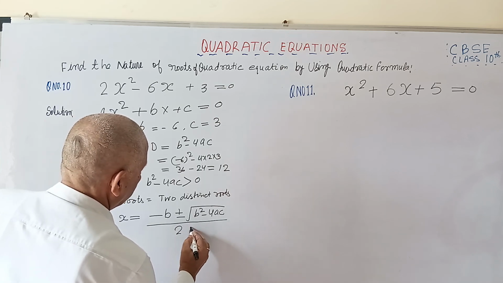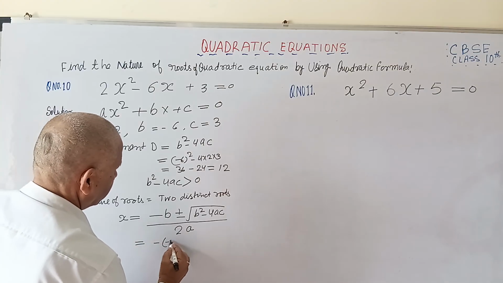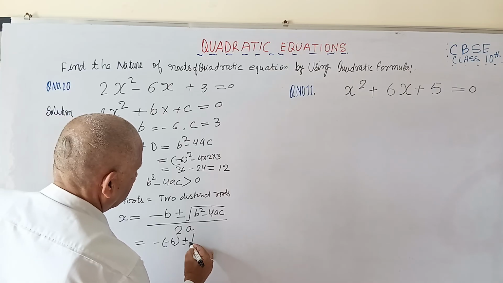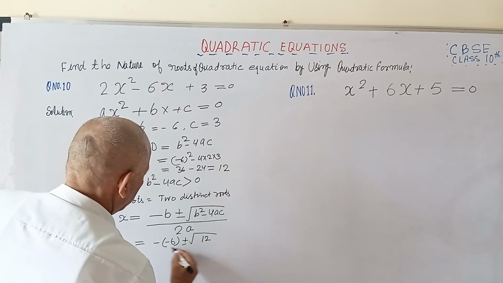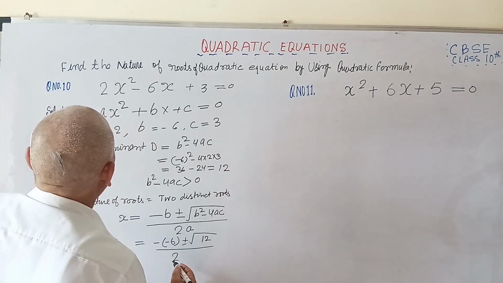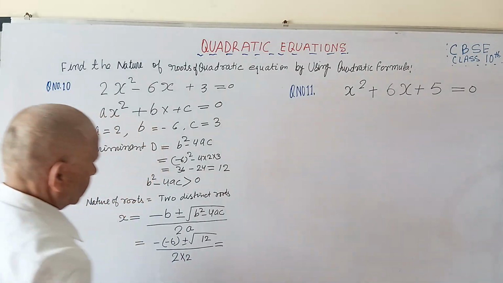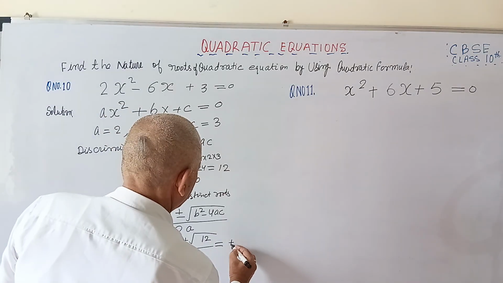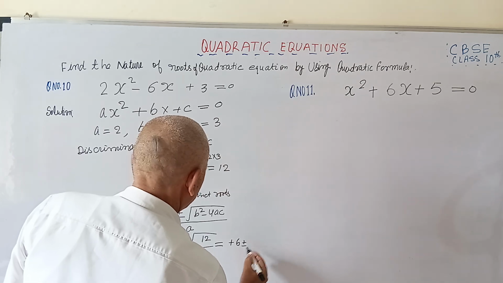So here minus b is plus 6, plus minus under root b square minus 4ac, that is 12, upon 2a, that is 4.